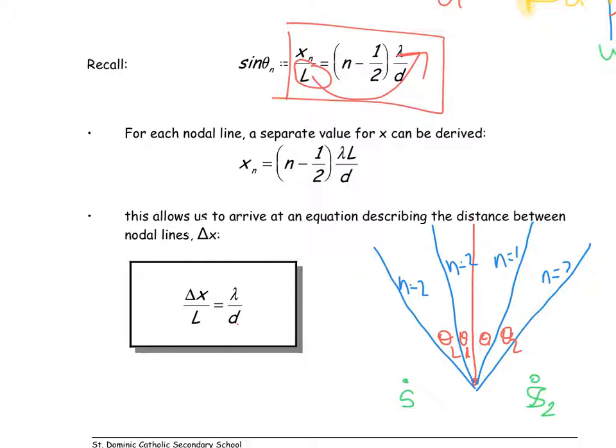Right? And so each of these is going to represent a dark and a light band. So actually, this distance here, remember that light band would go from here to here. That would be a light band, and that is what my first delta x is.